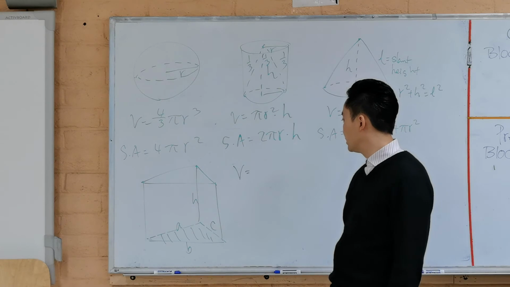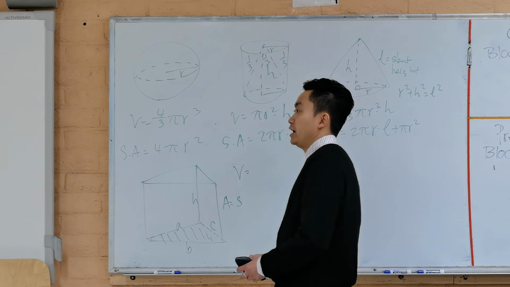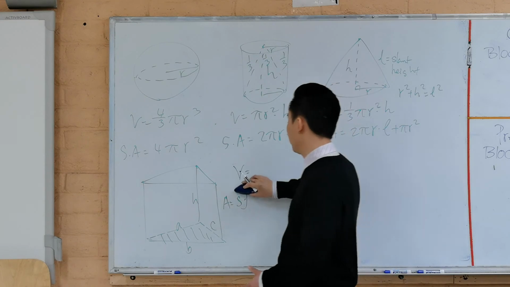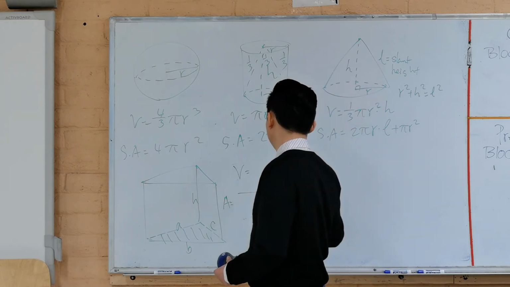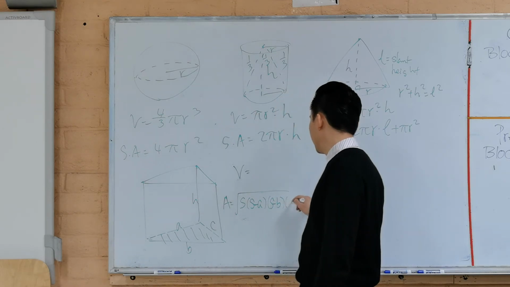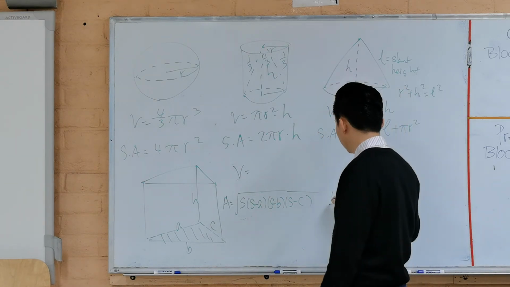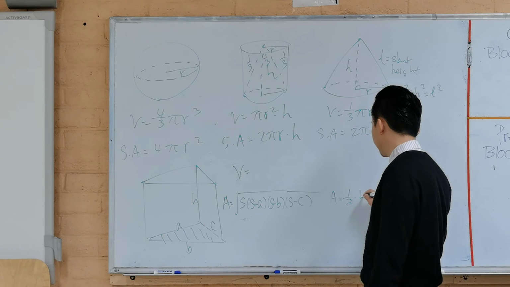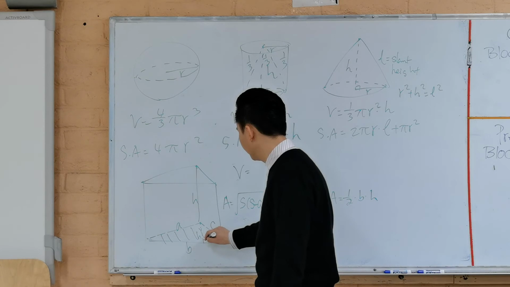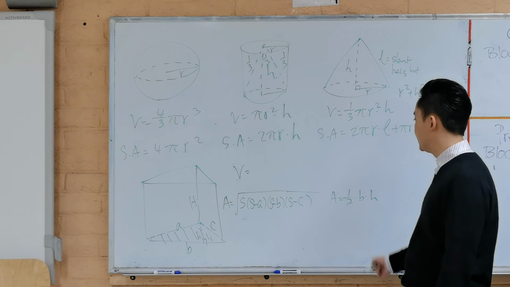If you remember Heron's formula, it's the square root of S times S minus A times S minus B times S minus C. And normally the height of the triangle is given, so it's 1/2 times the base times the height. It all depends. Let's say this height is given. This one should be capital H because that's the height of the prism.